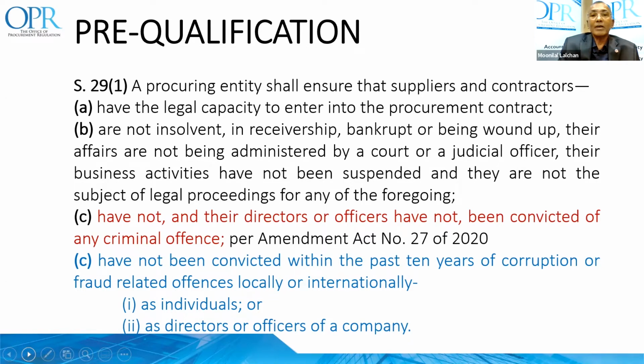So if you're an officer or director, you know that you were convicted of those offenses, did not state it when you became an officer or employee, and it is found out after the fact that the company is registered and an employee or officer has been convicted, you can be debarred from doing business for a period of 10 years. So you need to be very careful to make sure that there's a declaration signed by your officers and directors in terms of that provision under C.